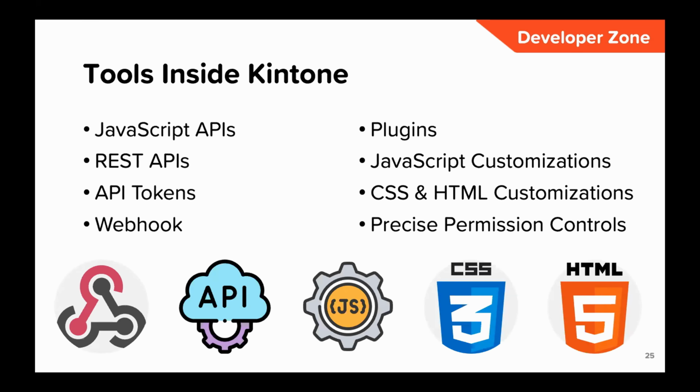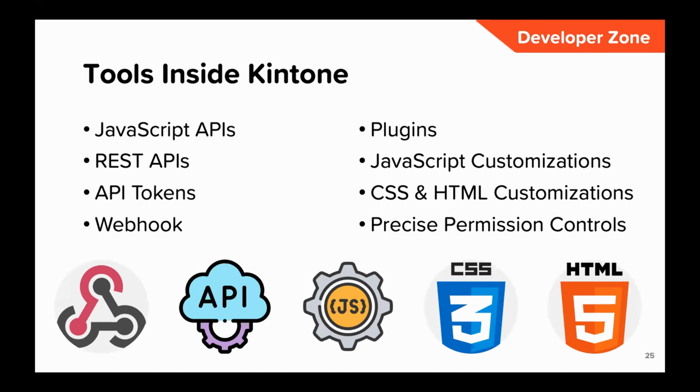And you can do that in a variety of different ways. Kintone makes available open APIs. You've got an open REST API. It's very well documented. The same with our JavaScript API. We've got the ability for you to create API tokens so that you can securely interface with Kintone programmatically.